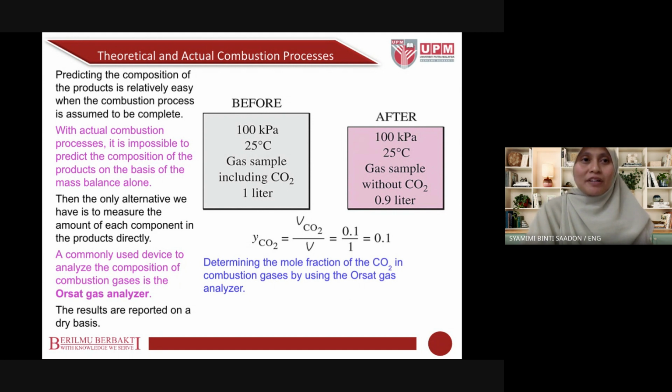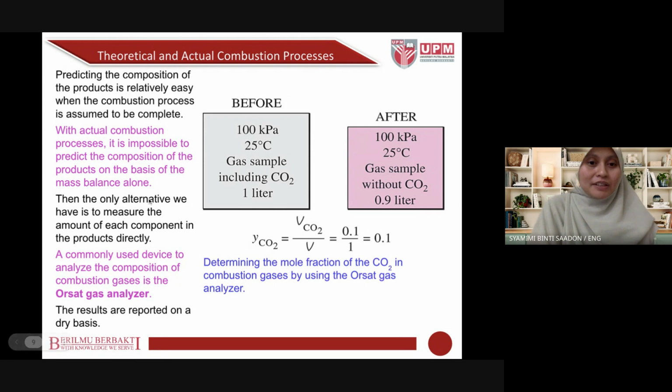It's quite tricky, because if it's incomplete combustion, sometimes we don't actually know all the small amounts of chemical compounds left in the products, such as carbon monoxide, helium, etc. So it can be quite tricky to determine all the final products.